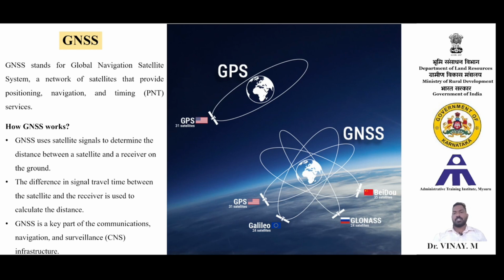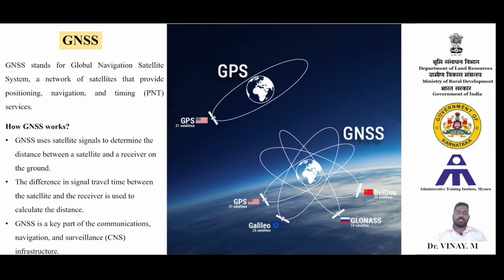Day to day also we are using GPS, with knowing or without knowing. Google Maps uses GPS, where you travel from one place to another with the help of these systems. And the majority of delivery systems like Zomato, Swiggy, Uber, Ola, all these apps use GPS, where you can determine your own location and the facility provider's location.